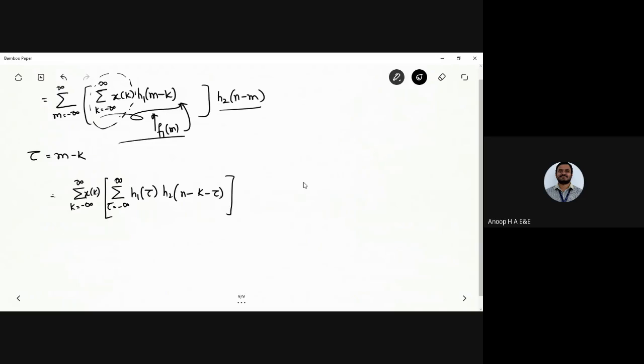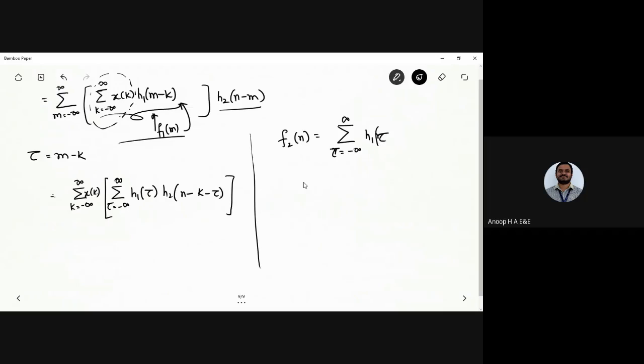Now in a similar fashion, you are going to have f2 of n being written there. So f2 of n, sigma, say any other variable, say r, minus infinity to plus infinity h1 of, so it might be any value, let me use tau itself for your understanding.